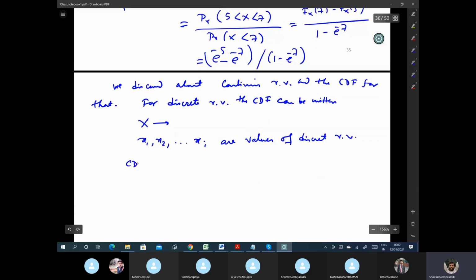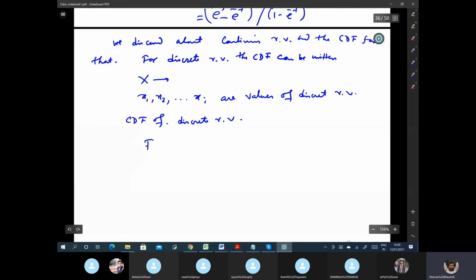Then the CDF of a discrete random variable can be written as Fx of small x equals summation of i is 1 to k, Px of xi, for xk less than or equal to x less than xk plus 1.